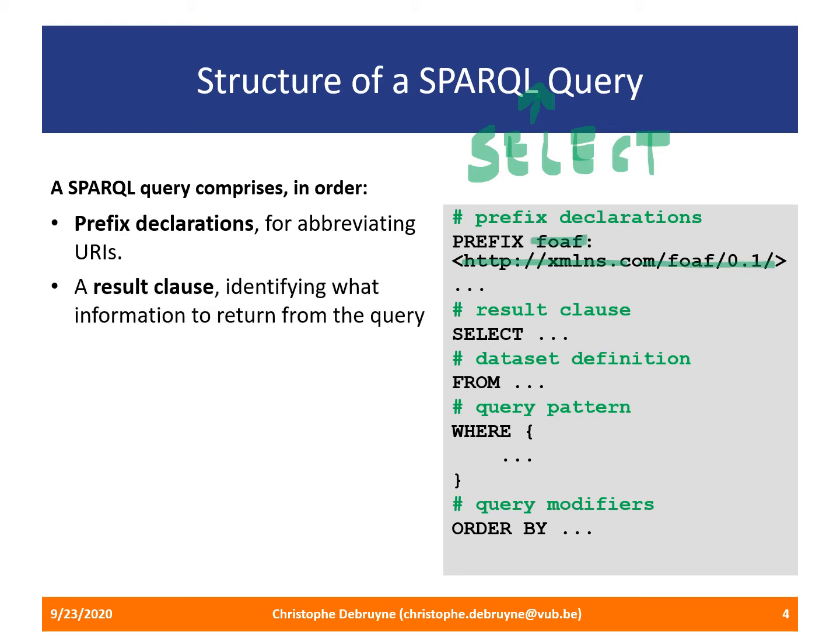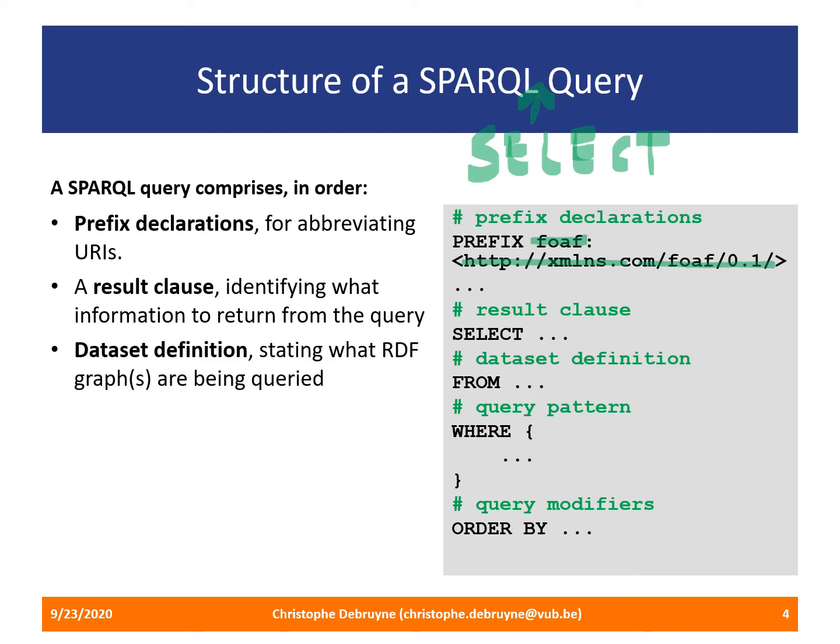Then you have the result clause, identifying what variables we want the query to return for subsequent processing. Then we have the dataset definition, informing the SPARQL endpoint in what graphs we are looking for information.